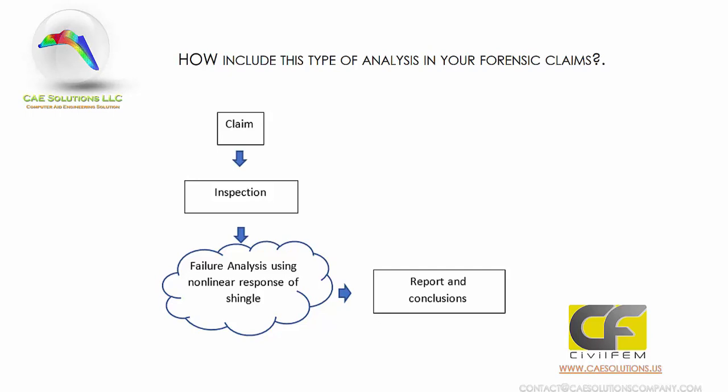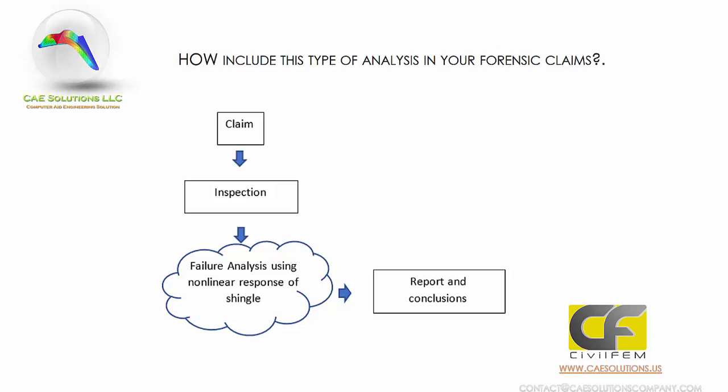The main objective will be to analyze the force of the wind that produced the failure of the glue sealant, and then to analyze the free condition of the shingle without including the sealant, with the main objective to see the detachment of the shingle in the nail zones, or to see the plastification of the material in the nail area.